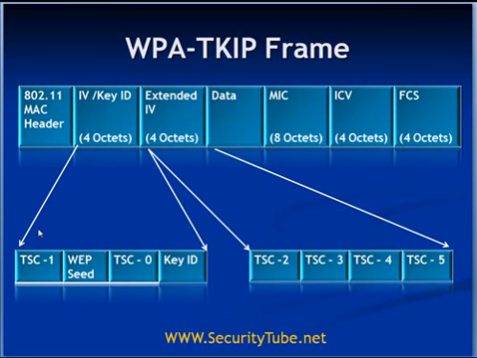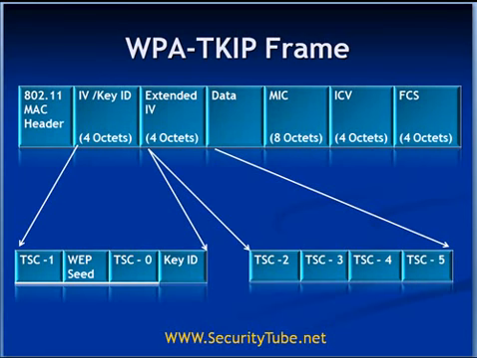So these first 4 octets contain: the first octet is TSC1, the second octet is the WEP seed, and the third octet is the key ID. Now what exactly this key ID contains I'll explain in the next slide. Just bear with me. And in the extended IV the next octets of the TSC or IV are present: TKIP sequence counter 2, 3, 4 and 5 respectively.